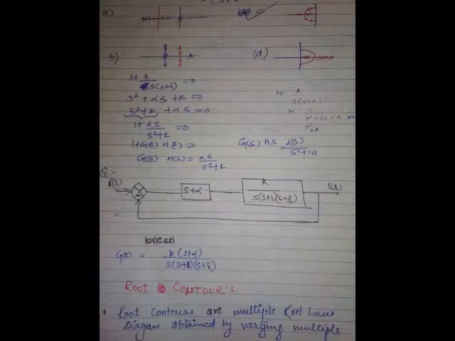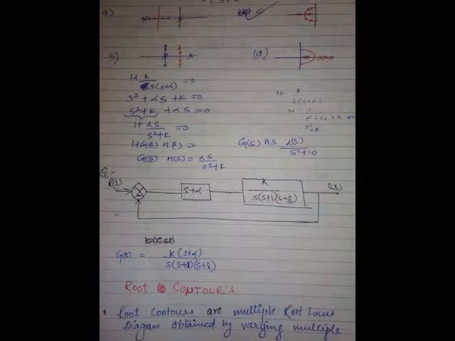Now listen here carefully. Suppose we took the 1 minus s factor as it is, we have not converted this into minus of s minus 1. I have taken it as it is. Now we have to draw its root locus. Pole at origin, pole at minus 3, zero at plus 1.